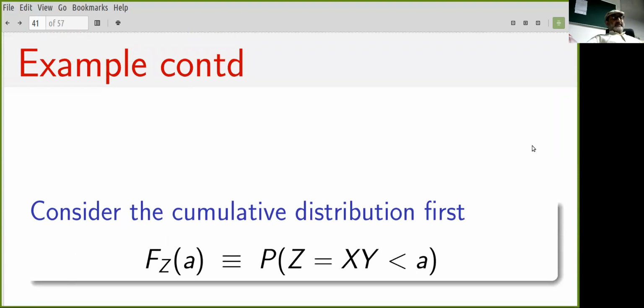Okay, so F sub z of a, the cumulative distribution for z evaluated at a, is the probability that z is less than or equal to a, and z is equal to x times y.